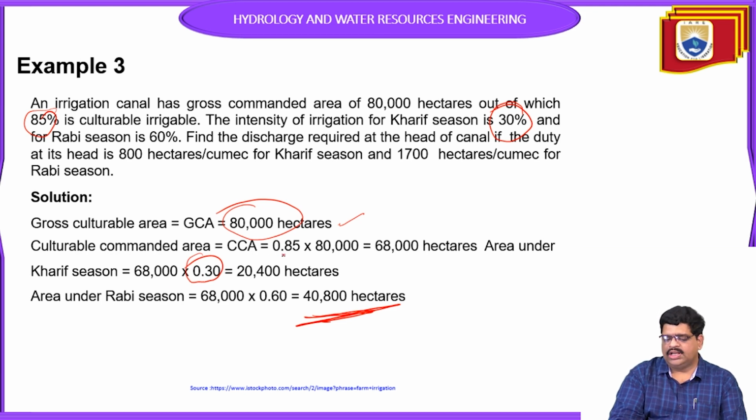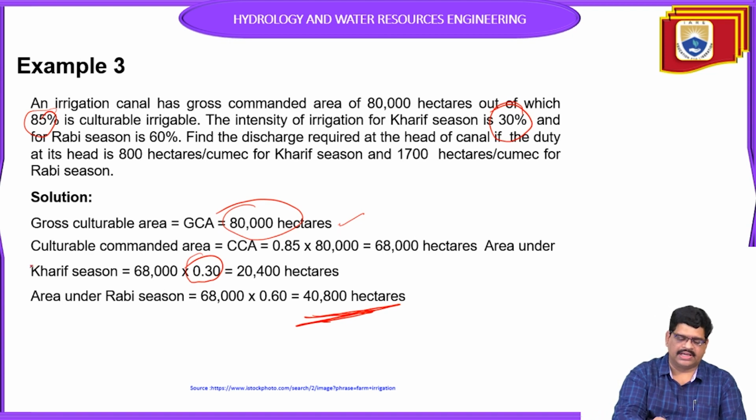So, total area, first what we have to do? Total area, how much there is a cultivable area, which is used for the irrigation or whatever the crop. So, the crop area we have to find. That's why 85% we have to find out, the total area 68,000. From the 68,000 we will find out the Kharif season as well as the Rabi season.